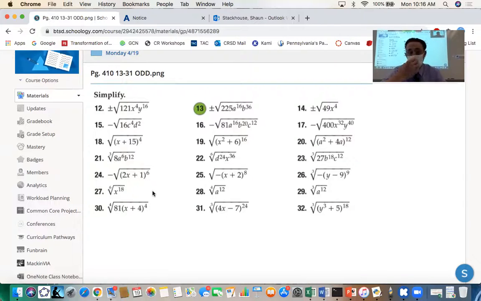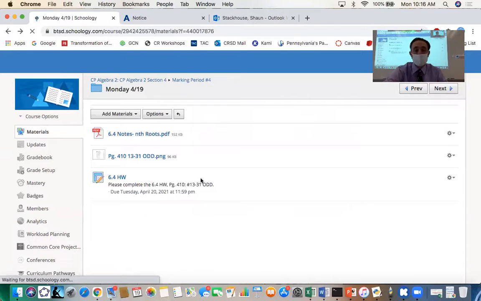Notice that some of them have some quantities in there. Some of them are just a variable raised to an exponent. Some of them have some constant terms. So it's a good mix of everything that we saw today. So make sure that you get that done. When you come in tomorrow, we'll go over that and then continue with section 6.5. But other than that, just make sure you get the assignment done.